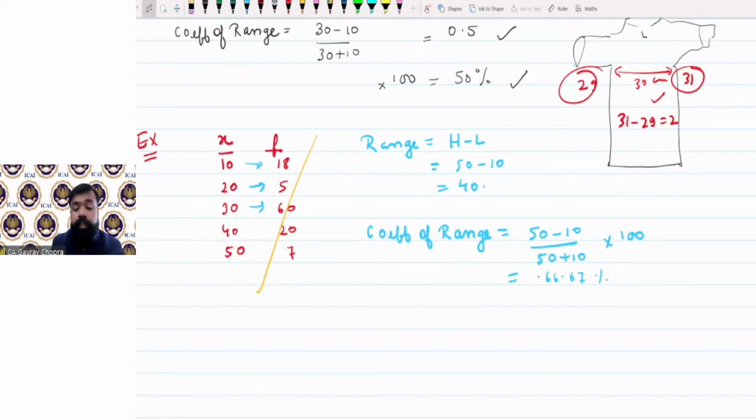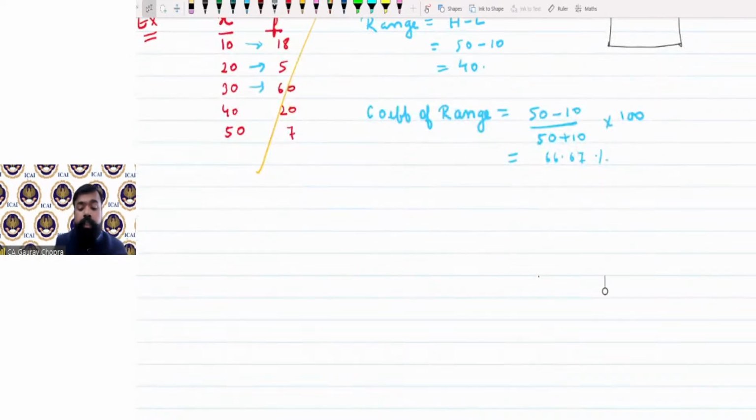Now let's take one question on continuous series. In case of continuous series, there will be class interval. So class interval is given: 10 to 20, 20 to 30, 30 to 40, 40 to 50.